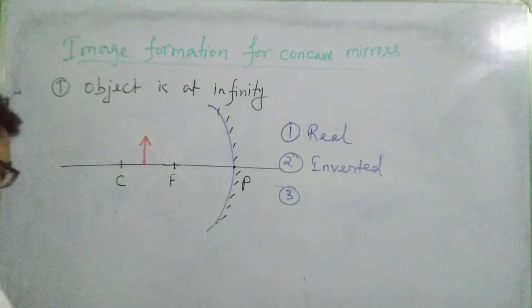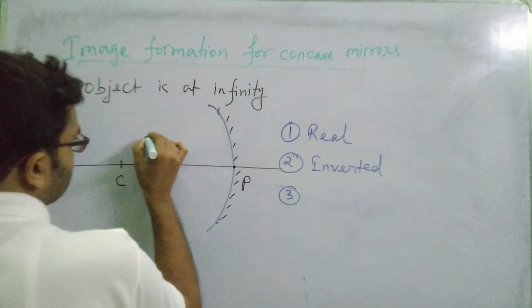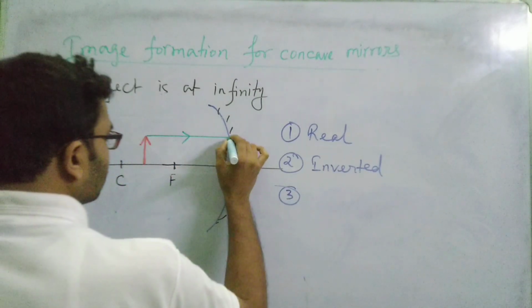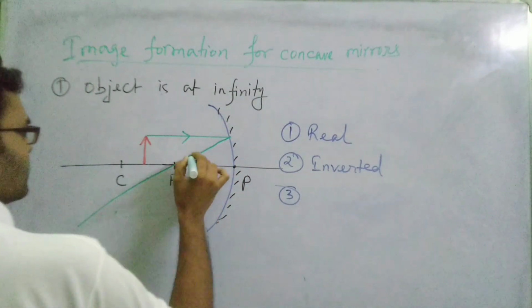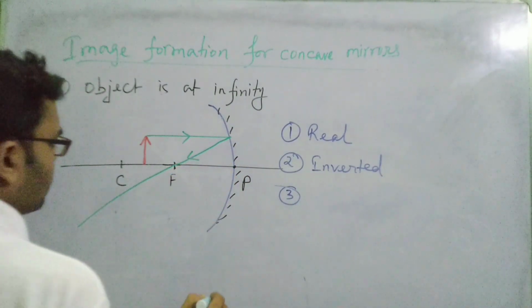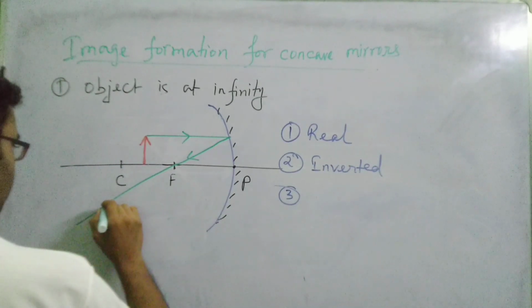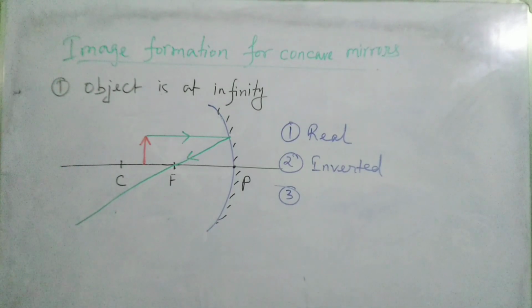Okay. Now when you are considering the object is kept between C and F, you can consider a ray which is incident parallel to the principal axis. After reflection, it will pass through the focus. So after reflection, what happens? It passes through the focus like this. Okay, and you can take another light ray passing through the focus. It is easier for us to draw that ray.